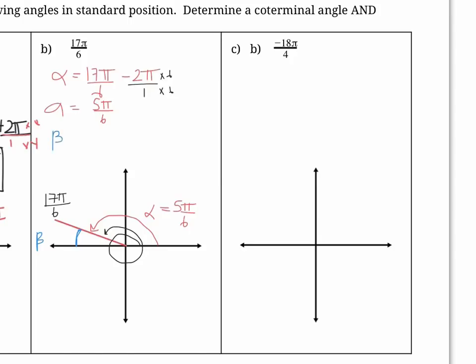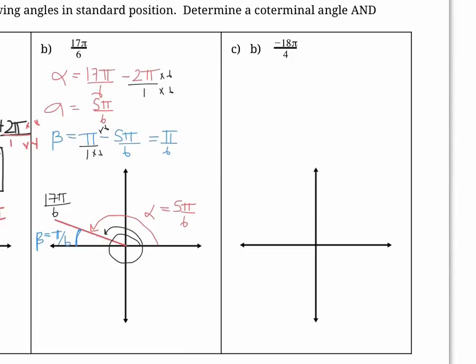So we're going to do pi minus 5 pi over 6. Again, we're going to make equivalent denominators, multiply by 6. And that's going to give us 6 pi minus 5 pi, which is just pi over 6. So this guy here is just pi over 6.